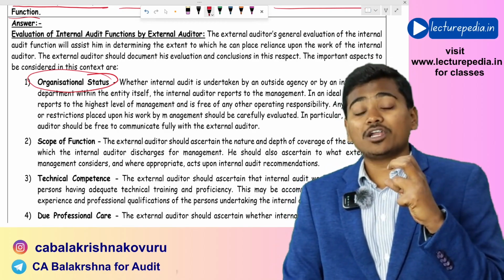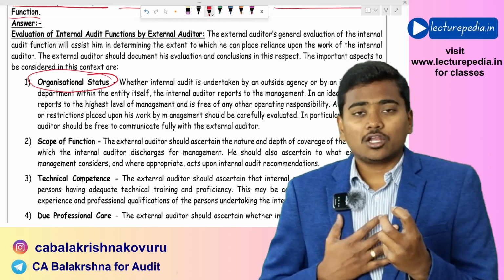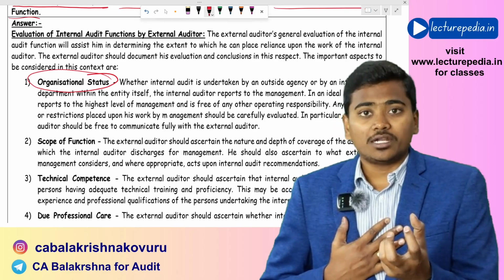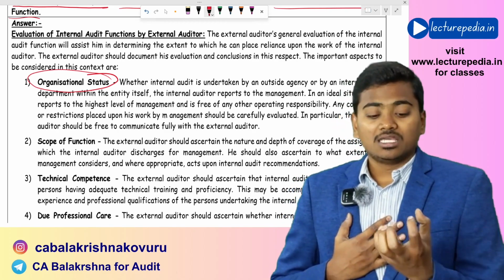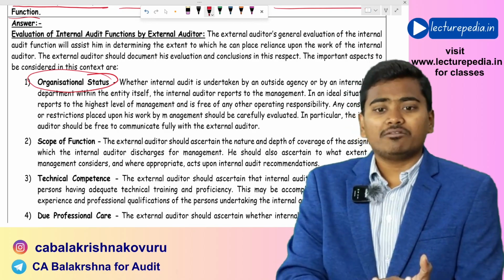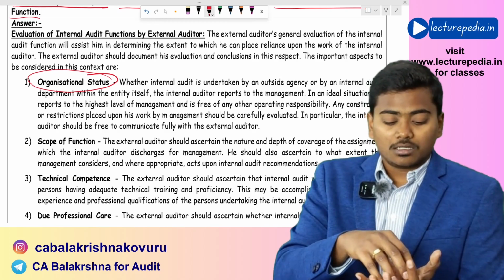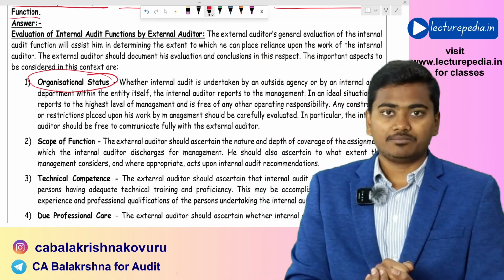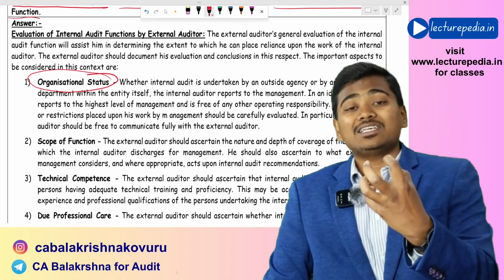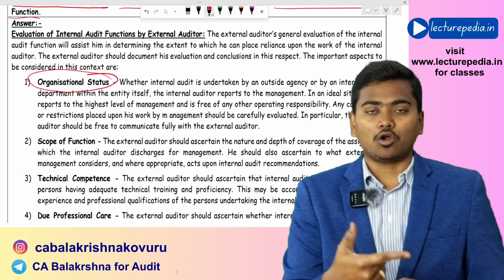The external auditor will check this, because the external auditor can use the work of the internal auditor only if he is acting independently. He can act independently only when he is not an employee of the company and he is having proper contact with higher authority in the company. So this organizational status of the internal auditor will be checked by the external auditor.